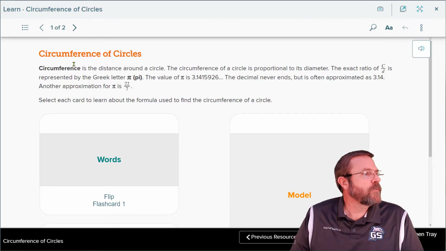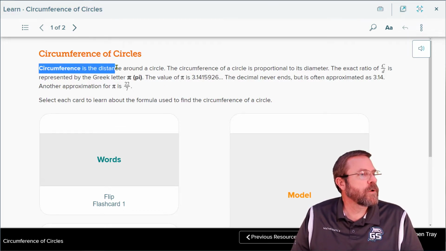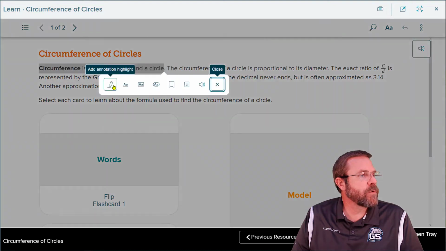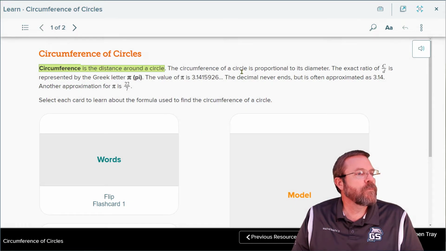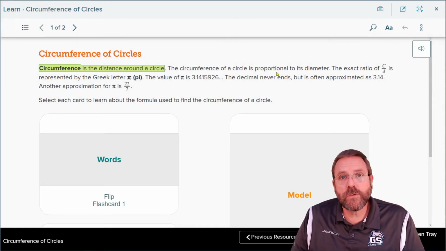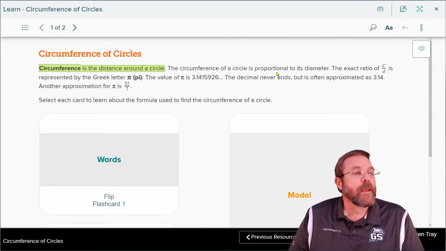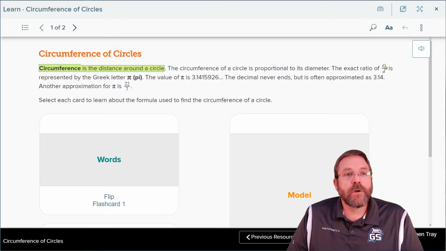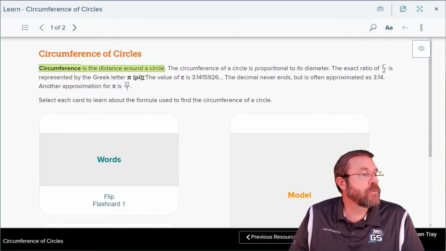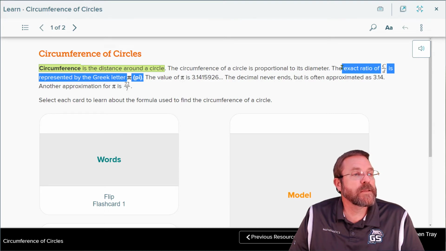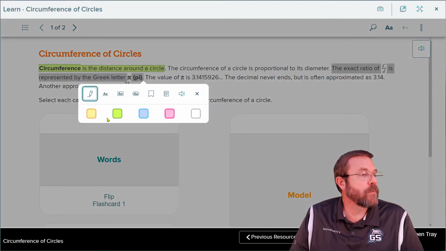Continuing with learning our definitions, we have circumference. Circumference is defined as the distance around a circle, and the circumference of the circle is proportional to its diameter, as we discussed in that line graph we looked at earlier. The exact ratio of the circumference divided by the diameter is going to be represented by the Greek symbol pi, so that's going to be another vocabulary term right here.